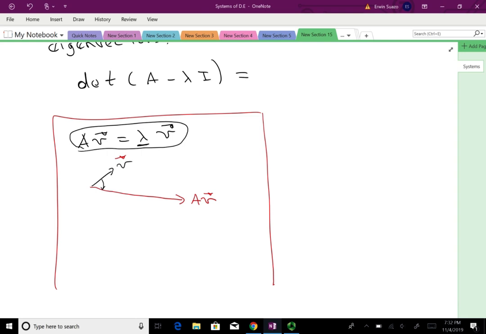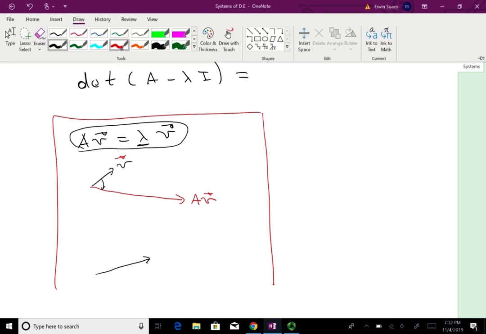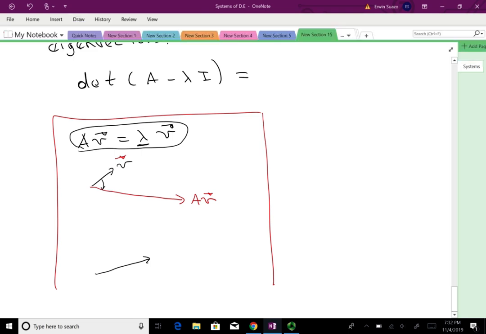If you have the vector b and you apply the matrix to that vector b, the new vector is going to be longer, or in the other direction, or shorter, but basically they stay on the same line.